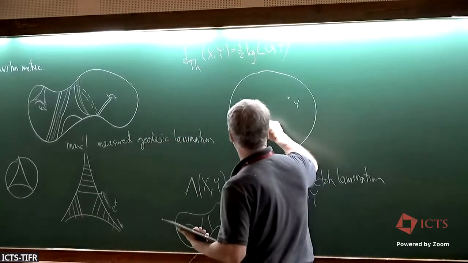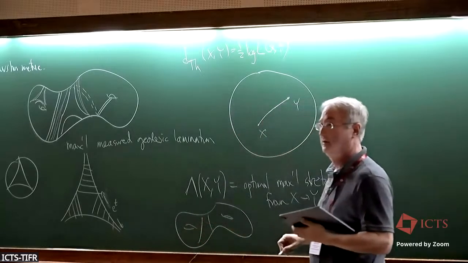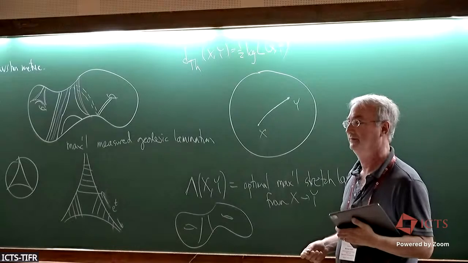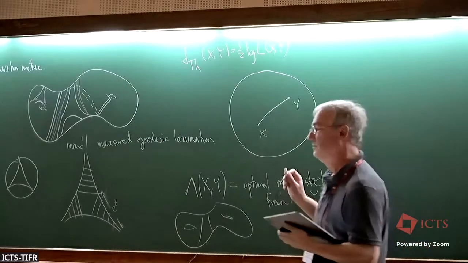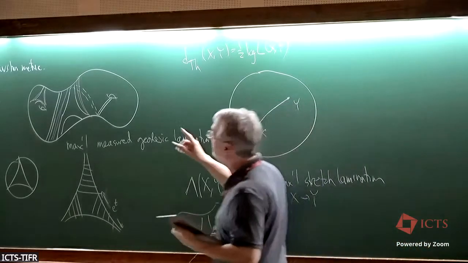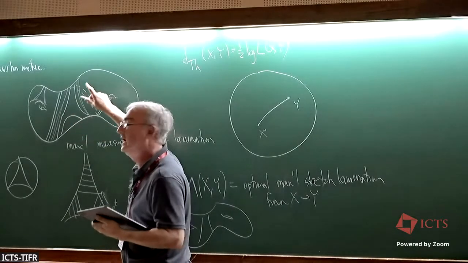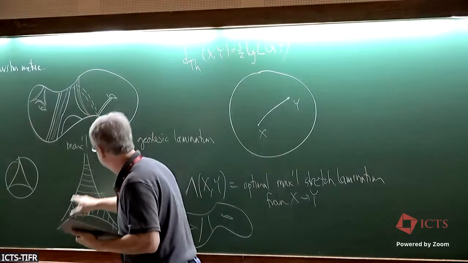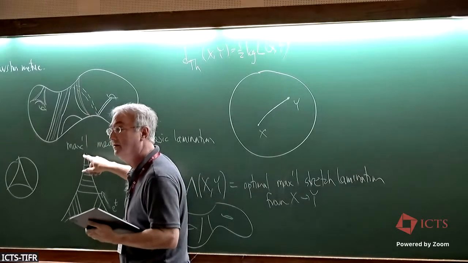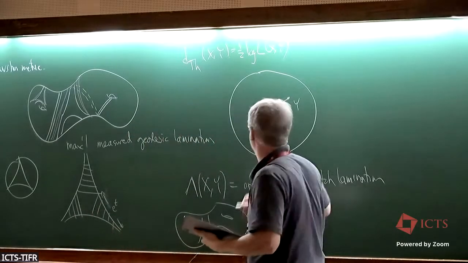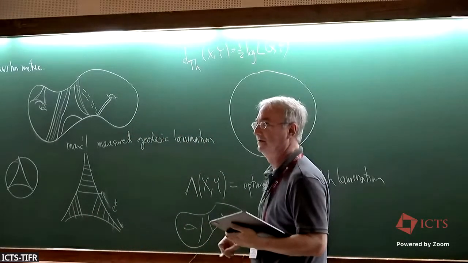And when you win, then the Thurston stretch map will be a geodesic from X to Y. Okay? Moreover, you can always just impose a maximal stretch lamination, something whose complementary regions are ideal triangles, stretch along that, and that will be a geodesic.